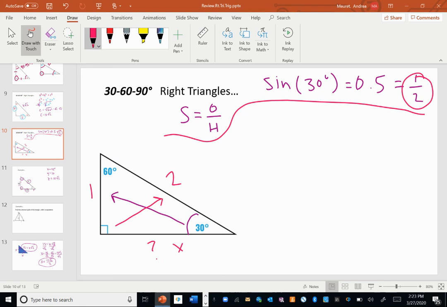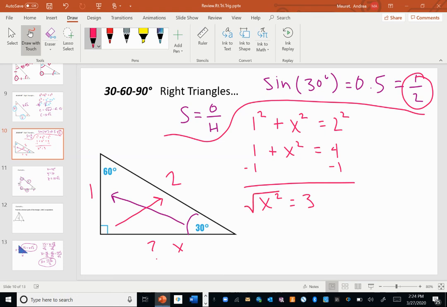So what that tells me here is 1 squared plus x squared is equal to 2 squared, or 1 plus x squared is equal to 4. And so move the 1 over, and we get x squared is equal to 4 minus 1, which is 3. So x itself is equal to the square root of 3.